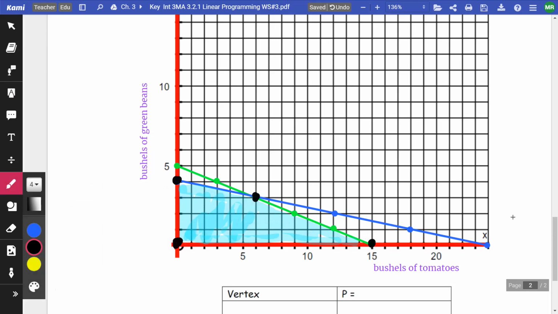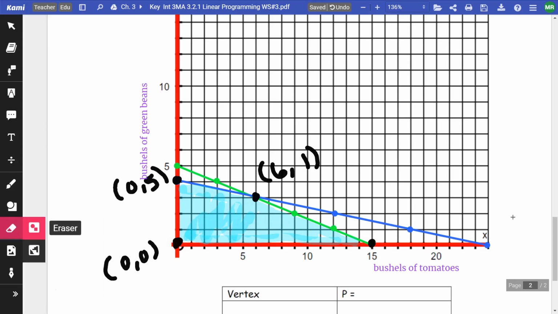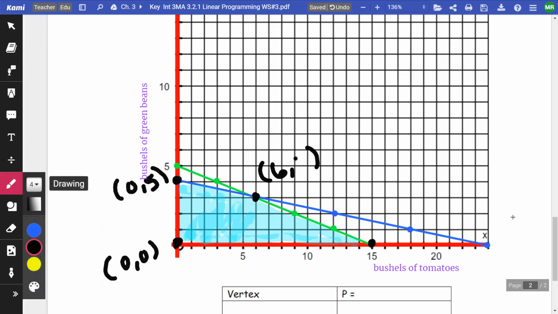And so my vertices are going to be 0, 0. This one is 0, 5. This one is 6, 4. No, 6, 3. 6, 3 if I count. And this one is going to be 15, 0.